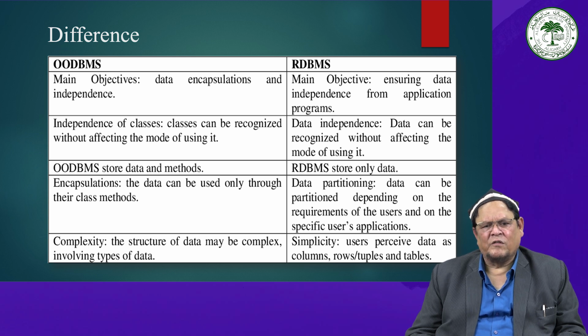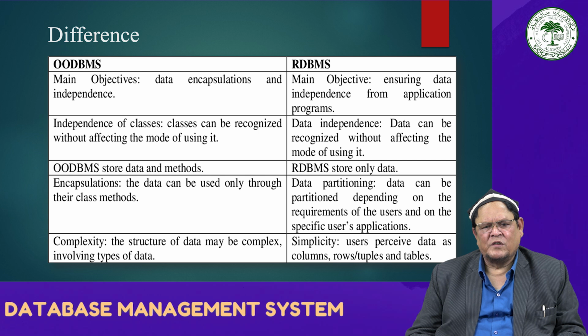Moving on to the query language, an object-oriented database management system may use a specialized query language like Object Query Language to manipulate objects. In contrast, a relational database management system uses a standardized query language, SQL, for data retrieval and manipulation.